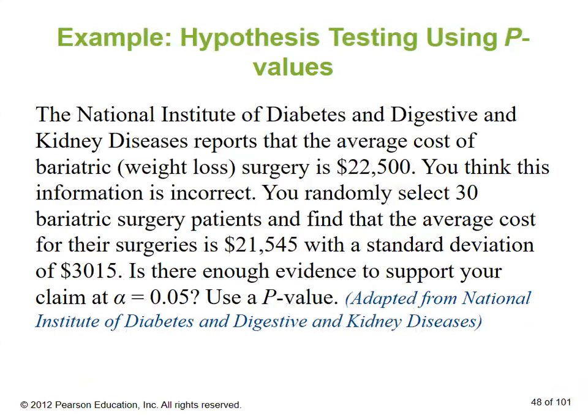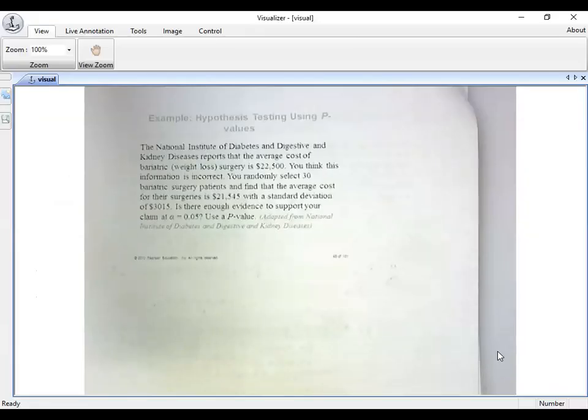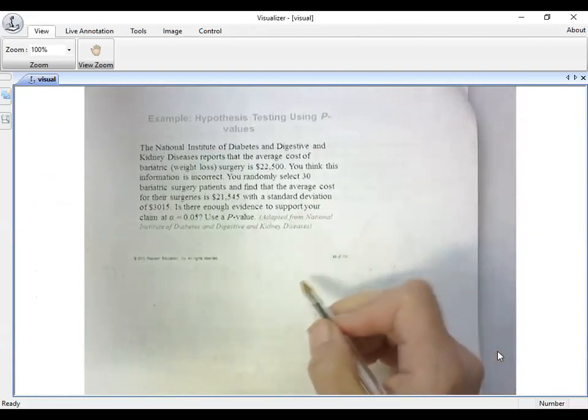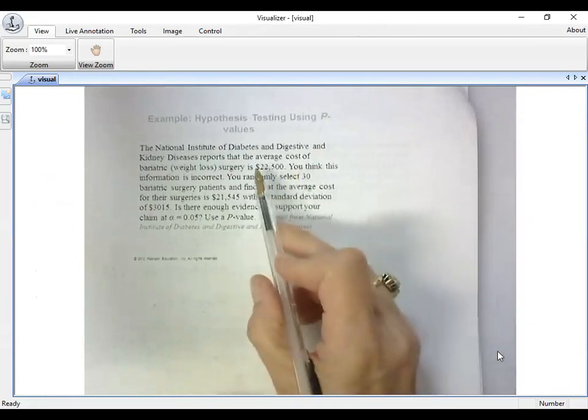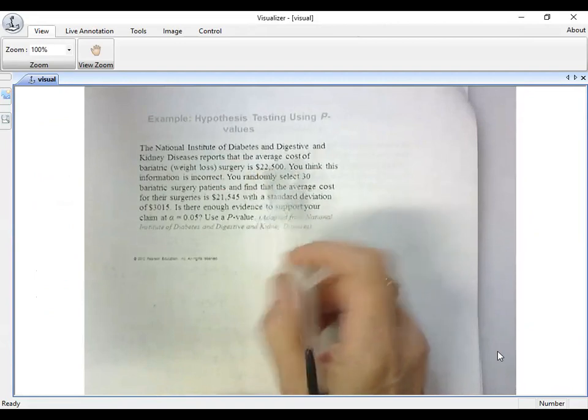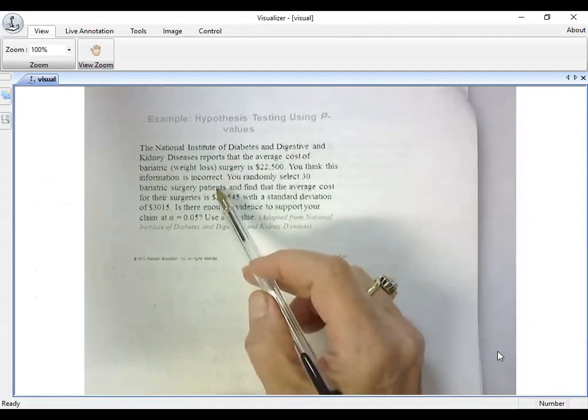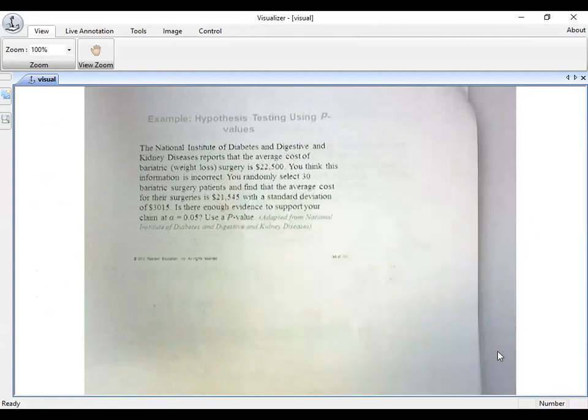Okay, you guys know what to do? Where do we start? Okay, we got to be able to translate the claim and then get our two statements. So what do you think the claim is? The average cost is $22,500, equal to. Well, does it say that it costs less, or does it just say that we think it's incorrect?